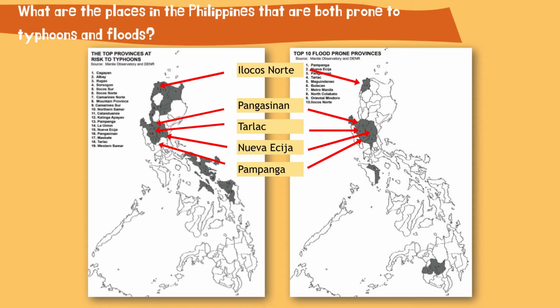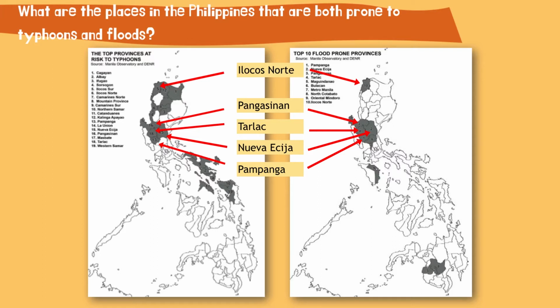Now for question number 1, what are the places in the Philippines that are both prone to typhoons and floods? According to the hazard maps given, the places that are prone to typhoons and floods are Ilocos Norte, Pampanga, Nueva Ecija, Pangasinan, and Tarlac.